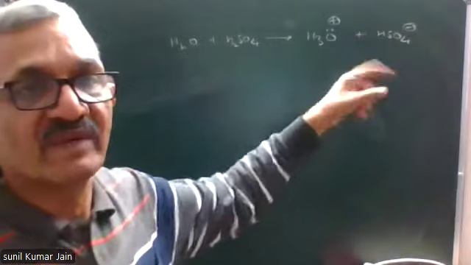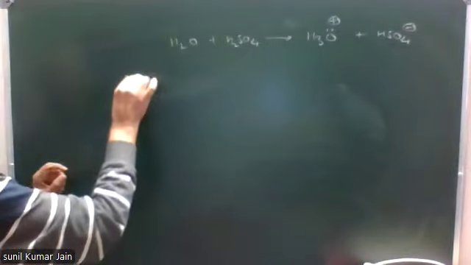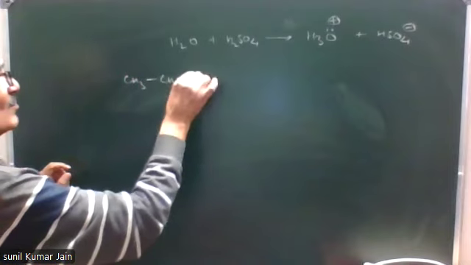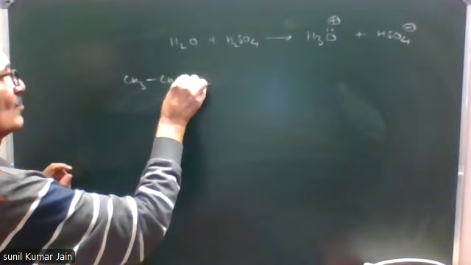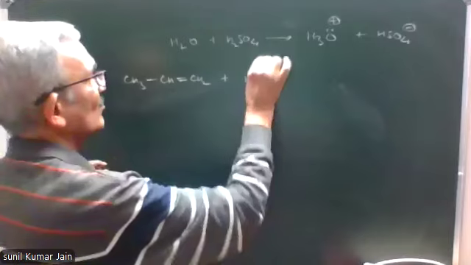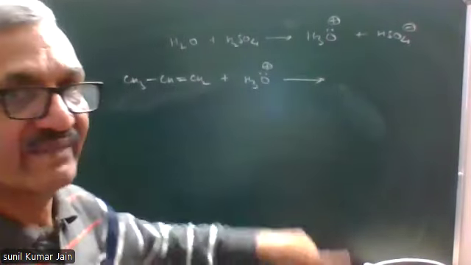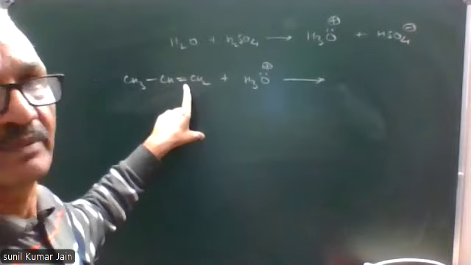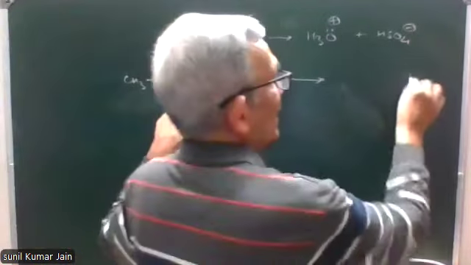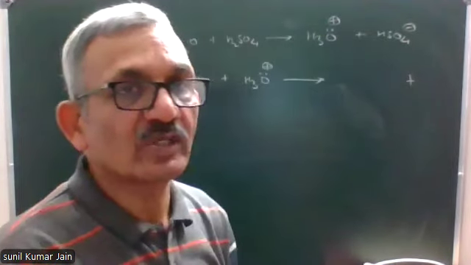This hydronium ion will make electrophilic attack on the carbon-carbon double bond. Hydronium ion will give H plus ion to the double bond, that is alkene. After it has given away H plus ion, it will change into water.